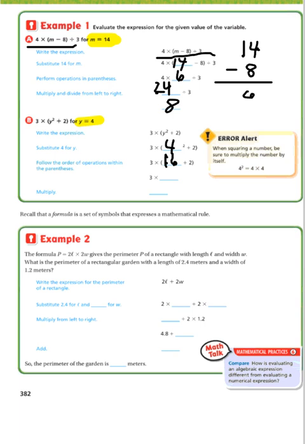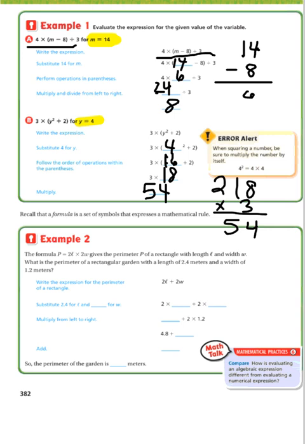And now we're going to finish the math inside of the parentheses. So 16 plus 2 is 18. And then we're going to solve the very last step. 18 times 3. 8 times 3 is 24. 3 times 1 is 3 plus 2 more is 5. So 54 here is your answer for example 1.